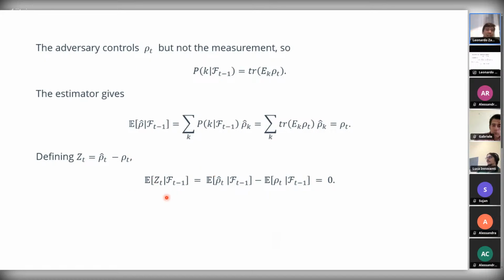So on average, the error will be 0. Why should it bias the error? Maybe I don't fully understand what you mean by adversary here.